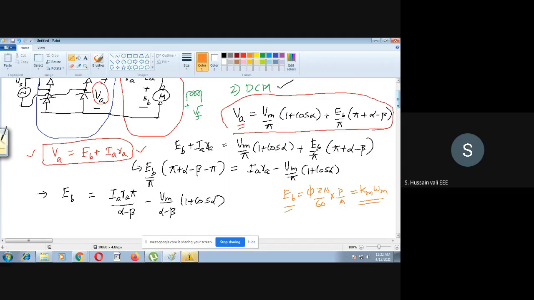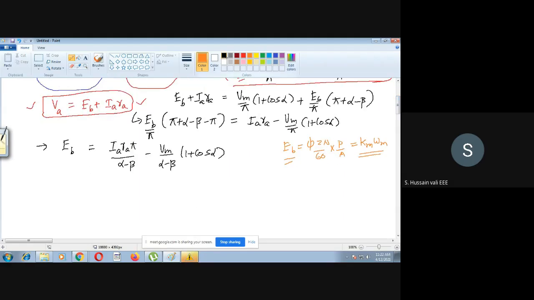So we will substitute this here. That implies Km omega m is equal to IA RA pi by (alpha minus beta) minus Vm by (alpha minus beta) into (1 plus cos alpha). We got this expression. Okay.